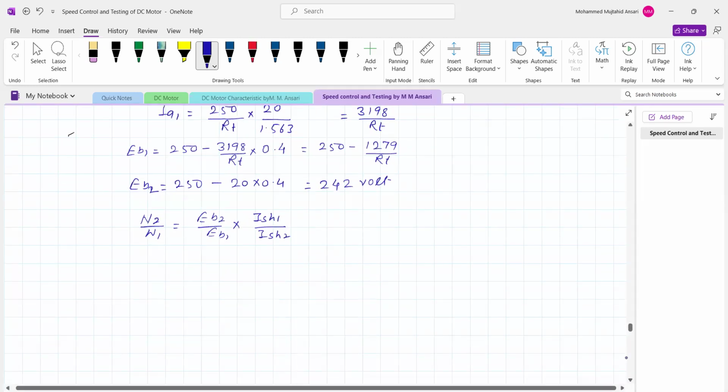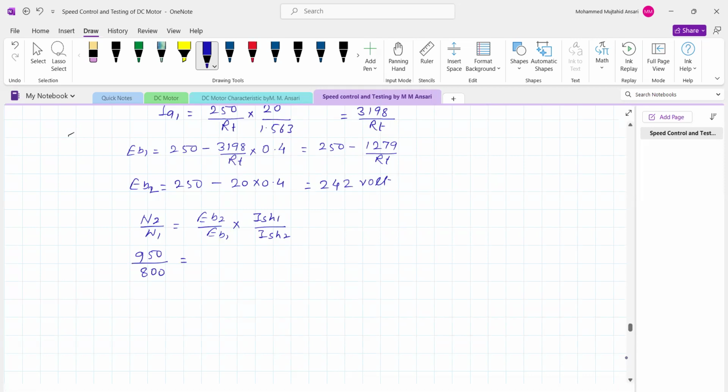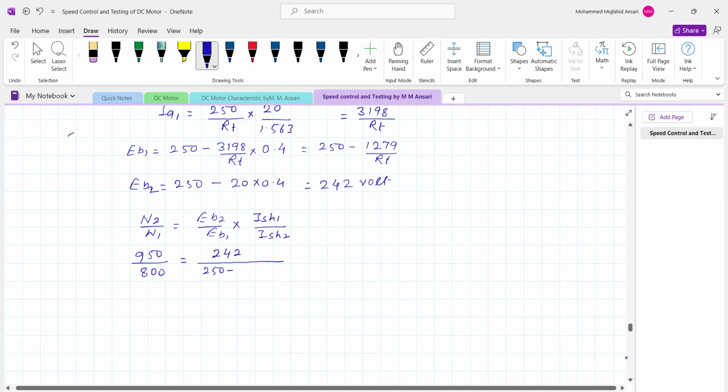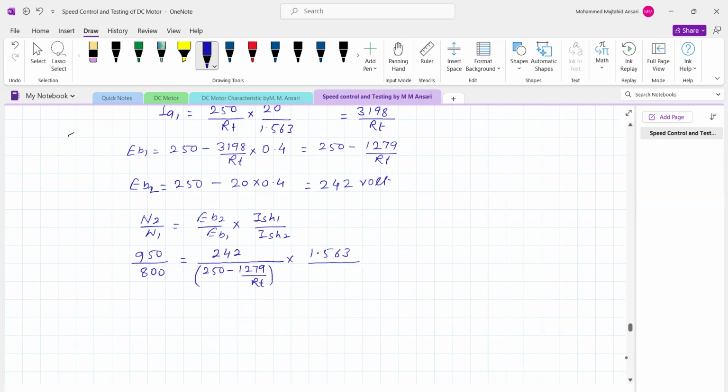So here we can put the values: 950 rpm over 800 rpm is equal to the back EMF in the second case, 250 minus 1279 divided by RT, over 242, into 1.563 divided by the total voltage 250 divided by RT.